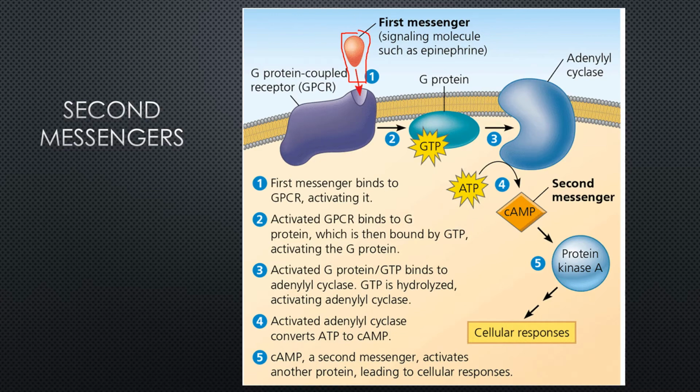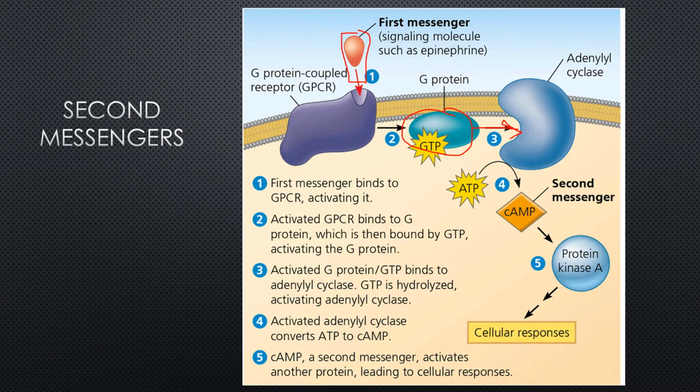When it does, it activates this particular protein, and so then it binds the G protein to GTP, activating it, which allows that protein to then bind to this second protein, which in this case is adenylyl cyclase.